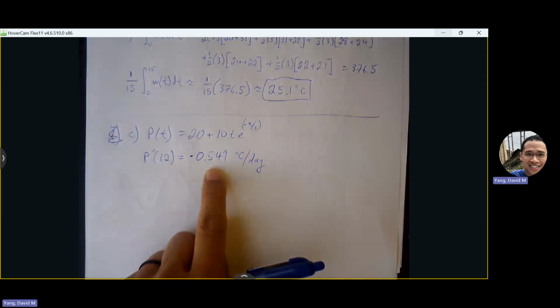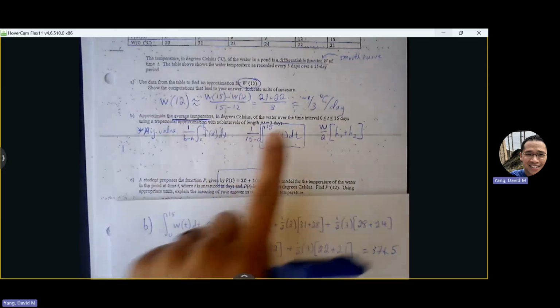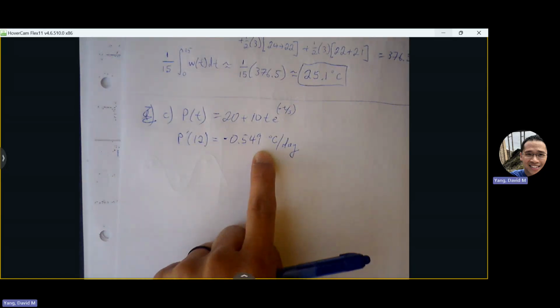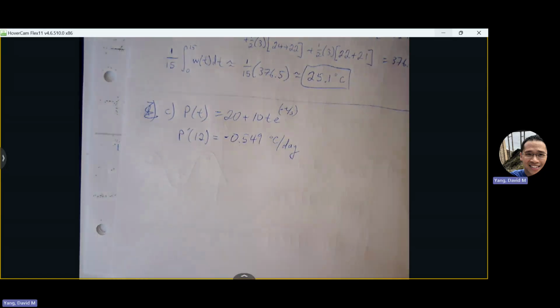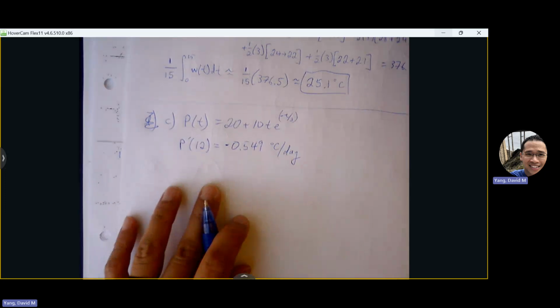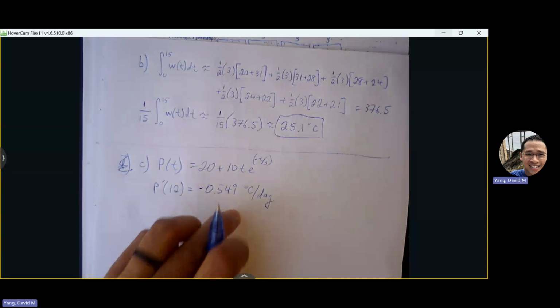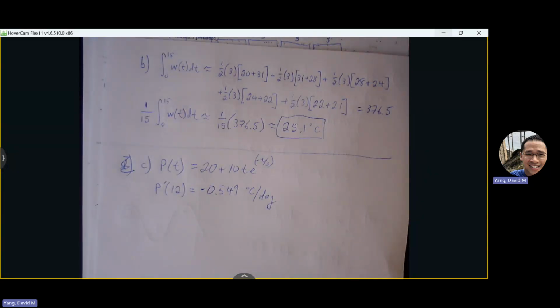So this should be related to part A. Part A is an approximated value. Part C is more accurate. They should be in the same ballpark of values, right? They're not the same, but we can kind of imagine that the approximation shouldn't be too far off from the exact rate of change.